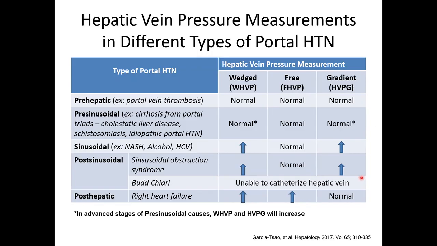An example would be sinusoidal portal hypertension from NASH or alcohol, where the wedged pressure would be elevated due to sinusoidal pressure leading to resistance in the portal vein. The free pressure would be normal as the balloon's deflated, reflecting normal right-sided heart pressure, and therefore the gradient is elevated, indicating that this is perhaps a sinusoidal cause of portal hypertension. And the various measurements and scenarios are outlined well in this chart.